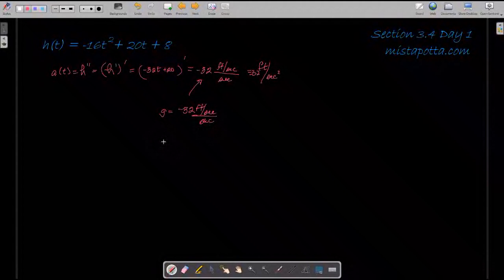Now, many of y'all are probably more familiar with the negative 9.8 meters per second each second. But of course, these are the same. The only difference here is the relationship between meters and feet, the fact that there's about 3.2 feet for every meter.